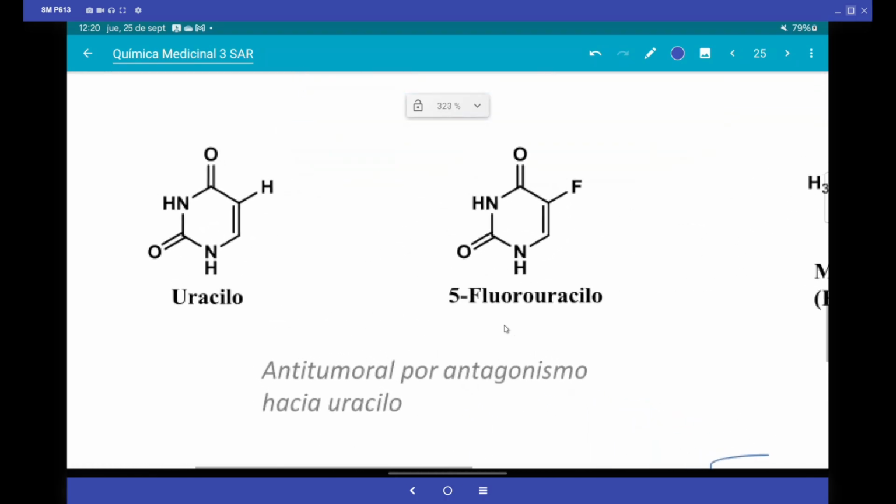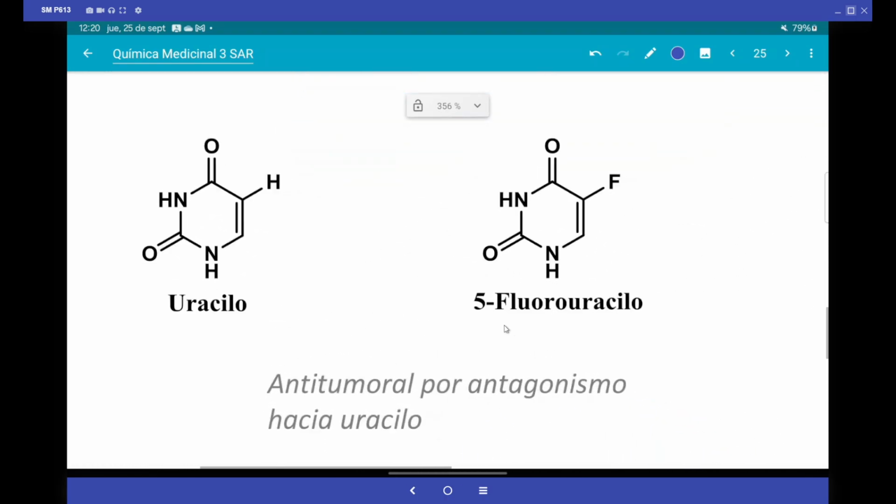To the left is the uracil, good. That is not a drug, okay. The one on the right is 5-fluorouracil. What type of isostere? A proton replaced by fluorine, a perfect size match. And the one on the right is a drug. We made a mention of this in the past, maybe a little fast and superficial, but this simple change matters.